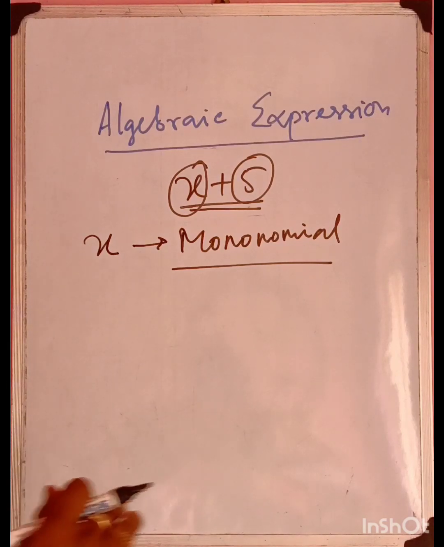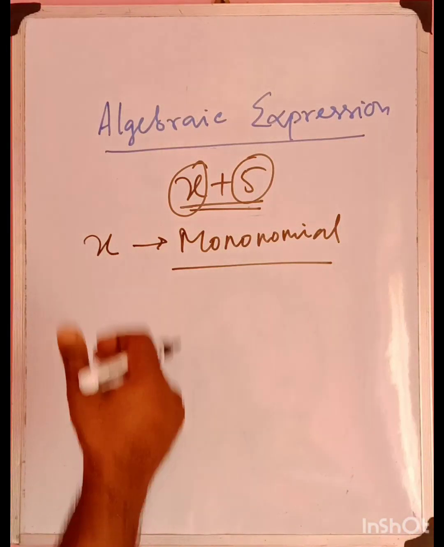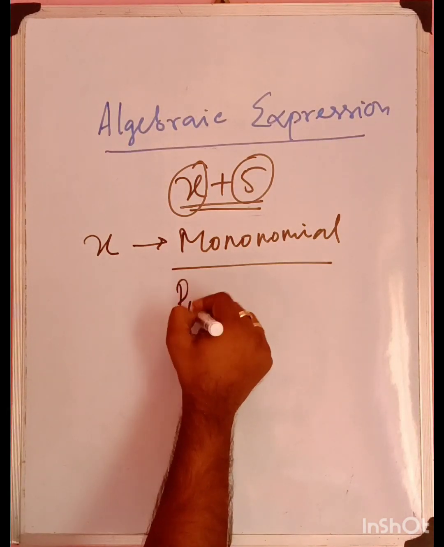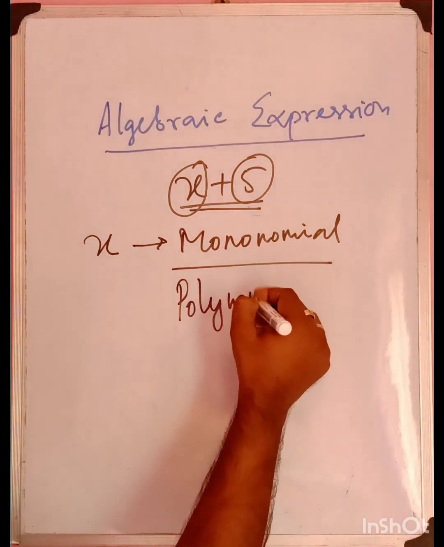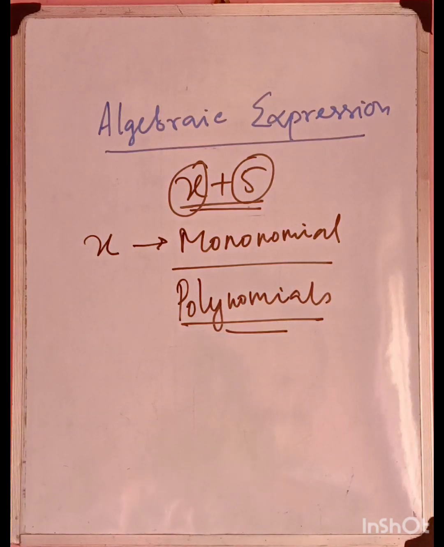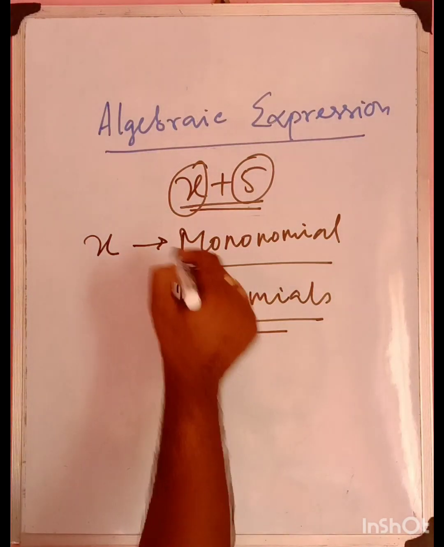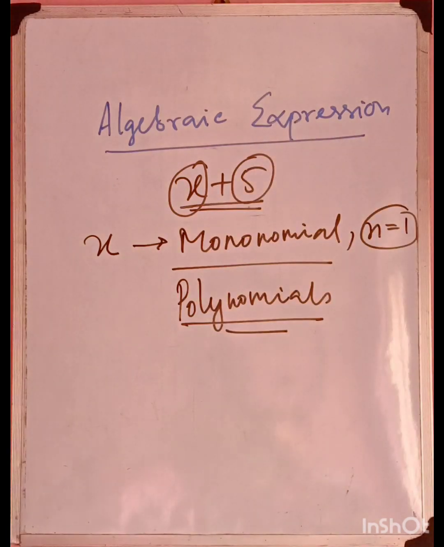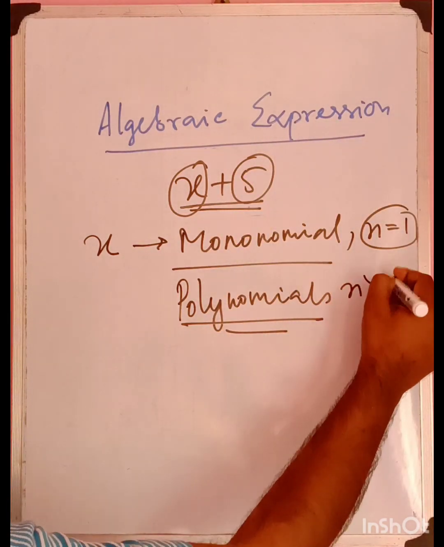But expressions which have more than one terms are called polynomials. Polynomials, right? Monomial and polynomial. Here n equals to 1. What is n? Number of terms. Here n is greater than 1.